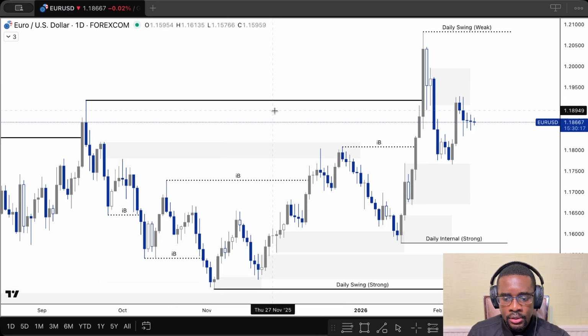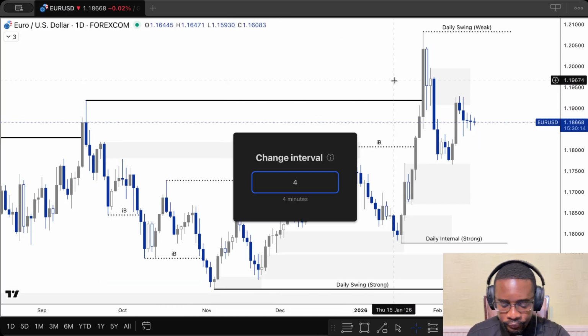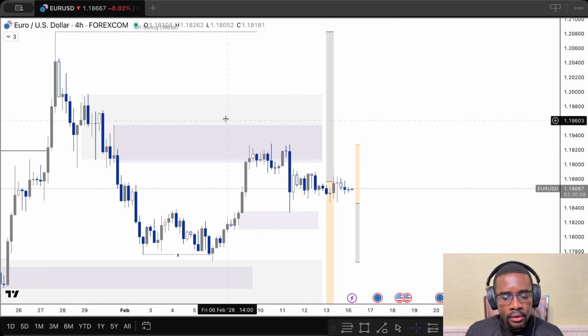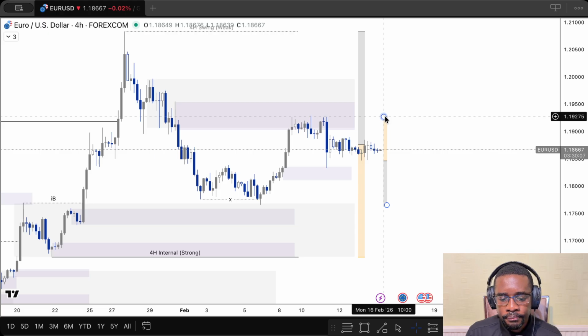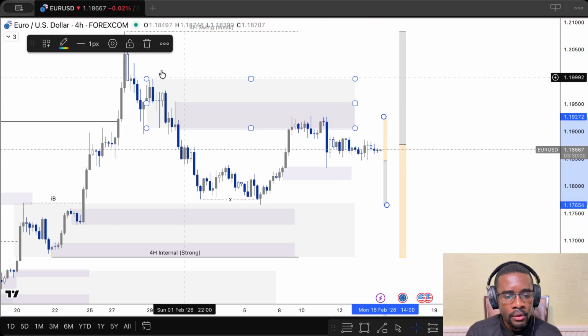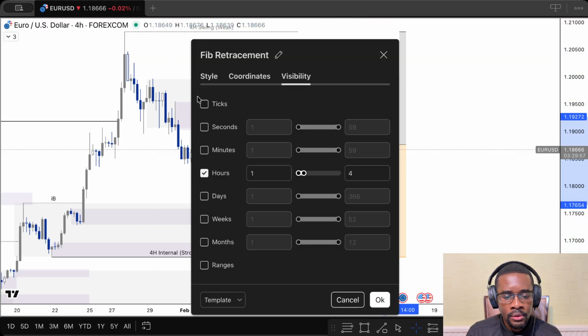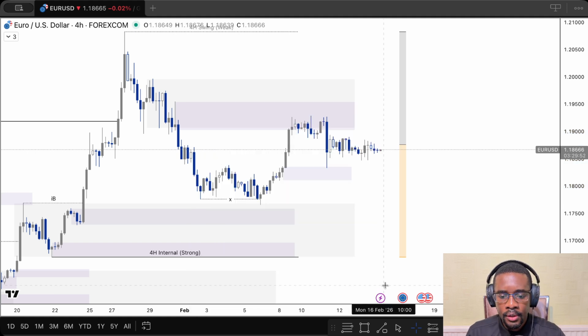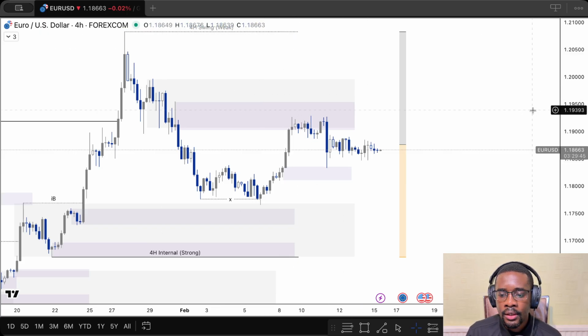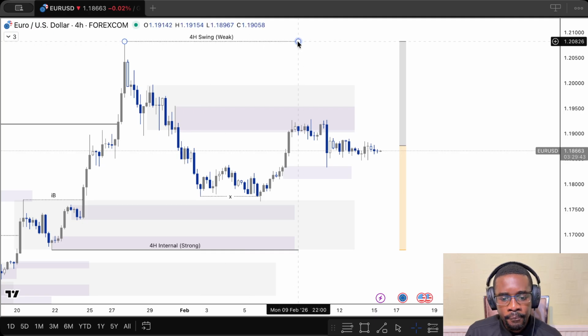So speaking of which, let's look at the 4-hour. This is our swing range. This is our week swing high.